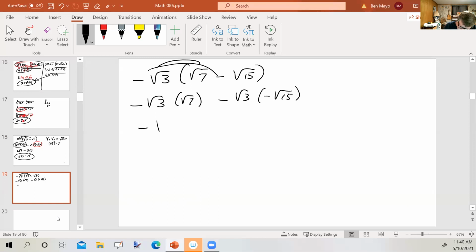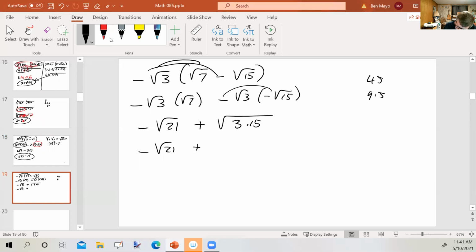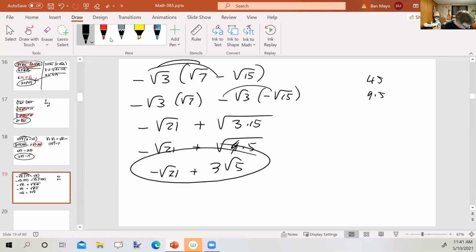This becomes negative the square root of 21, and then we've got a double negative here, so plus the square root of what? 3 times 15, but that would be 45, which would be the square root of 9 times 5. So negative the square root of 21 plus 3 square roots of 5.